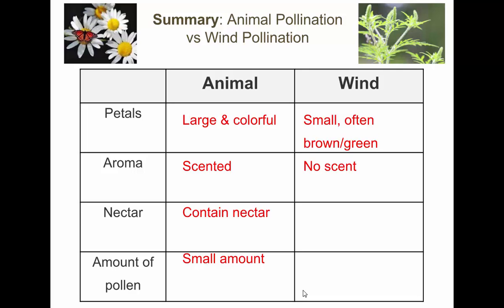Do they contain nectar? Yes. I hear both answers. What do you think? Because it's not an advantage for them to produce nectar, right? Because it would just be costing them energy. How much pollen? A lot. They produce huge amounts of pollen.